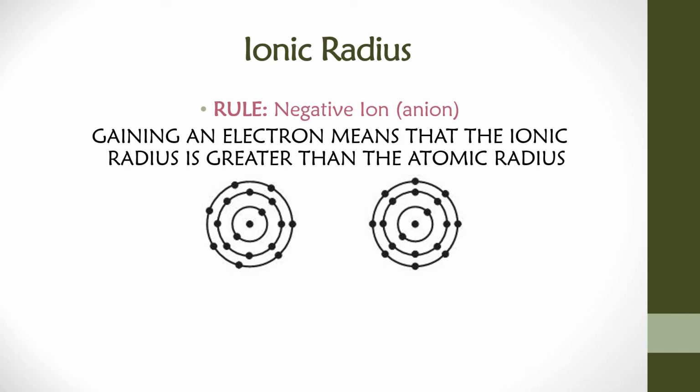So its nucleus is still the same, but it is adding more electrons in there. So the nucleus pull is still going to be the same, but because we have more electrons, the radius is going to be greater than what it was before. So an easier way to remember that is gain electrons, so G for gain, and G is for greater ionic radius.